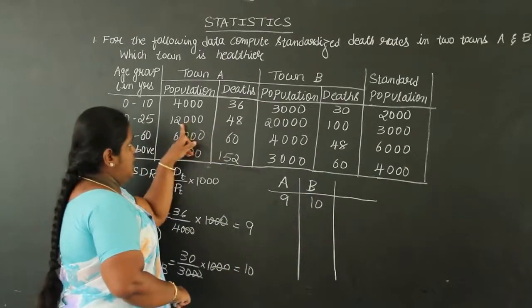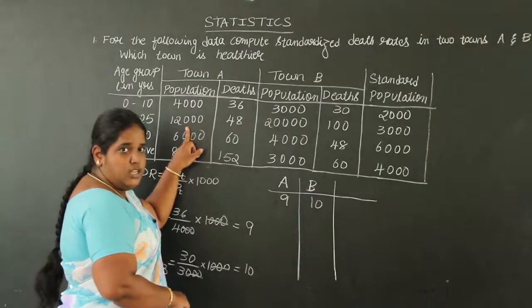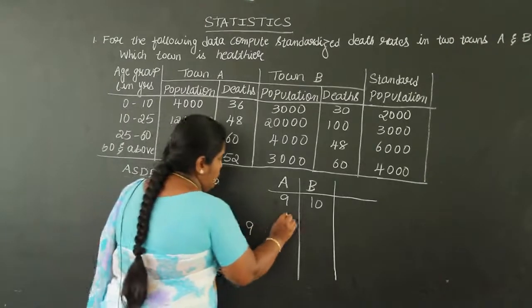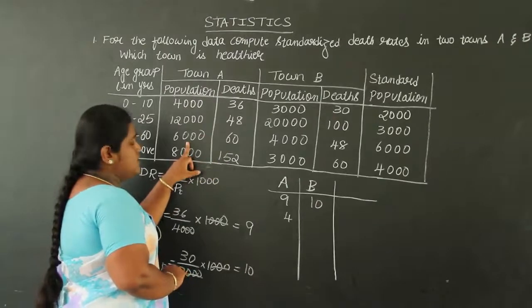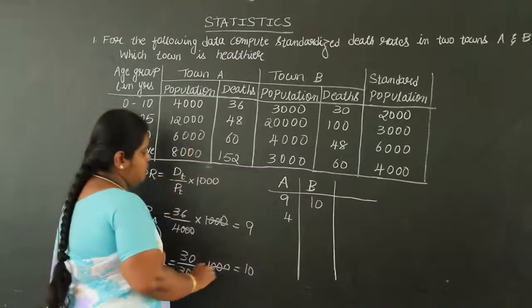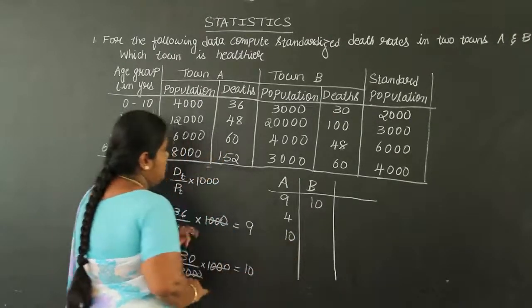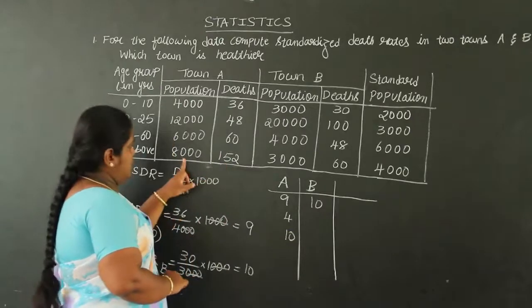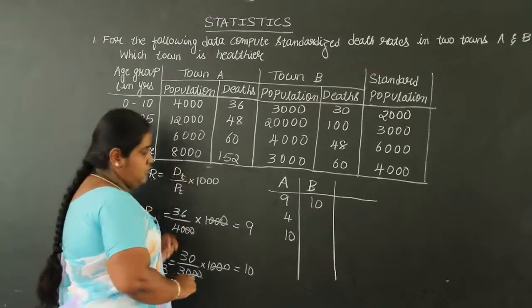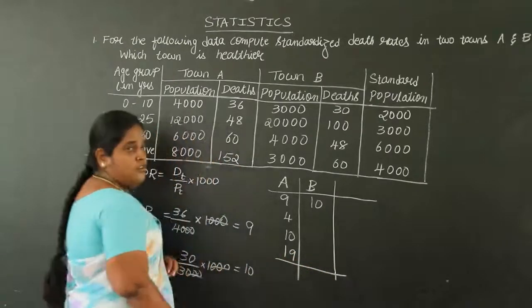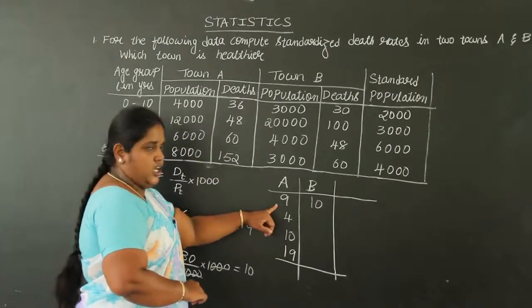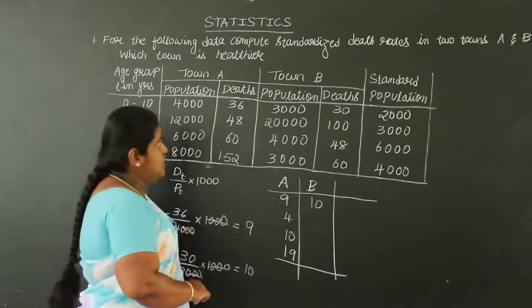So it is 48 divided by 12,000 into 1000, we'll get 4. 60 divided by 6000 into 1000, 10. 152 divided by 8000 into 1000, 19. So ASDR for the town A are 9, 4, 10 and 19.